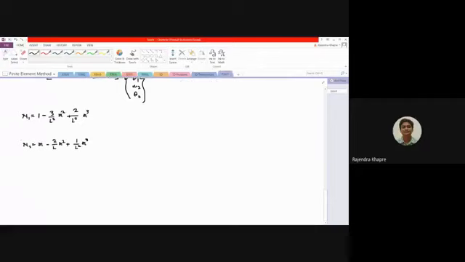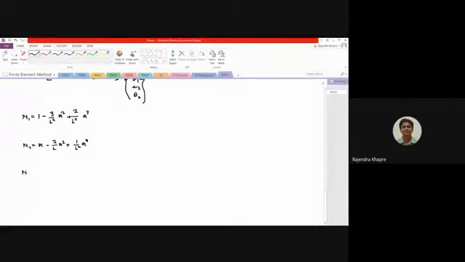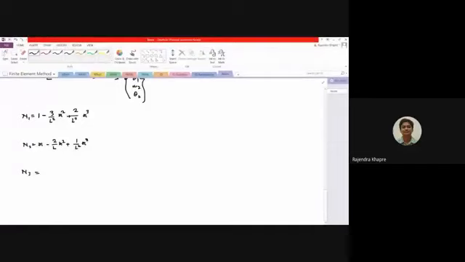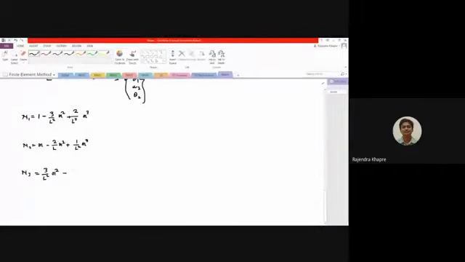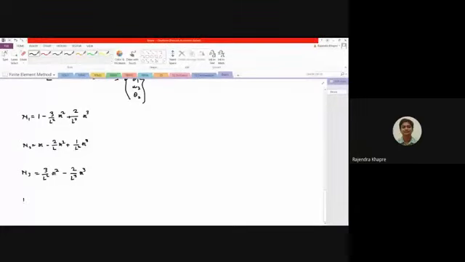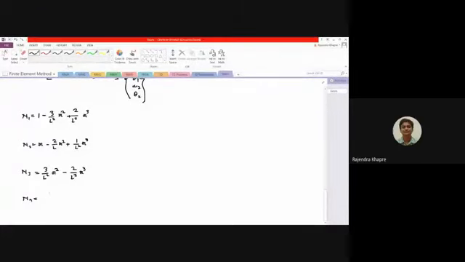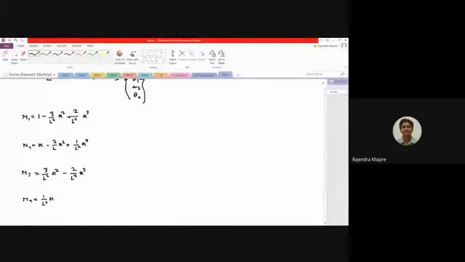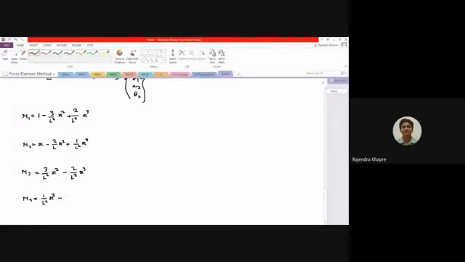Please do the calculations. I'm just writing down the value of N3. You please cross check this. So this is something like 3 by L square into x square minus 2 upon L to the power 3 into x to the power 3, and your N4, that is the shape function, is 1 upon L square x to the power 3 minus 1 upon L x square.